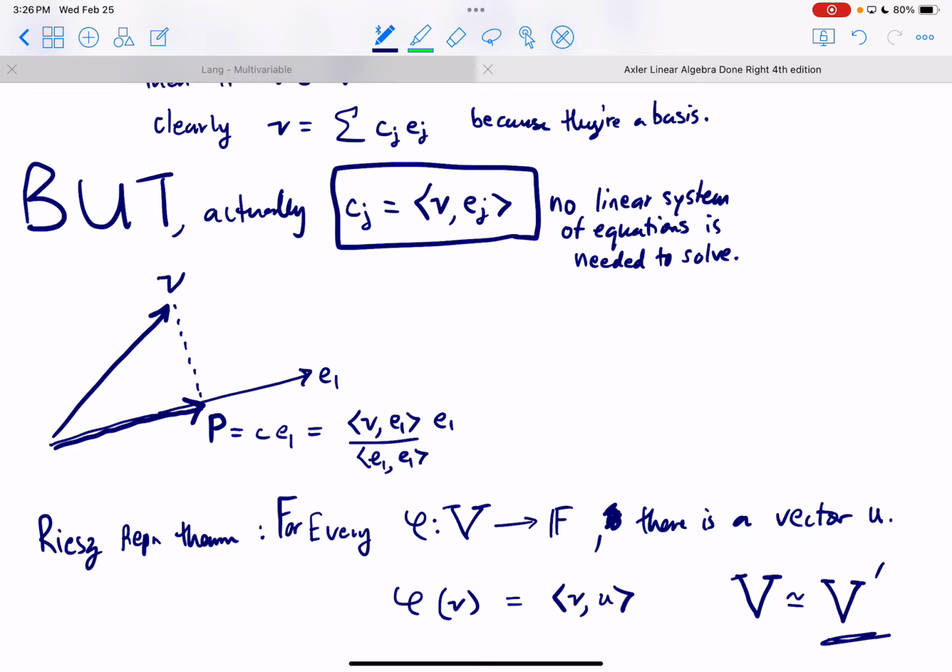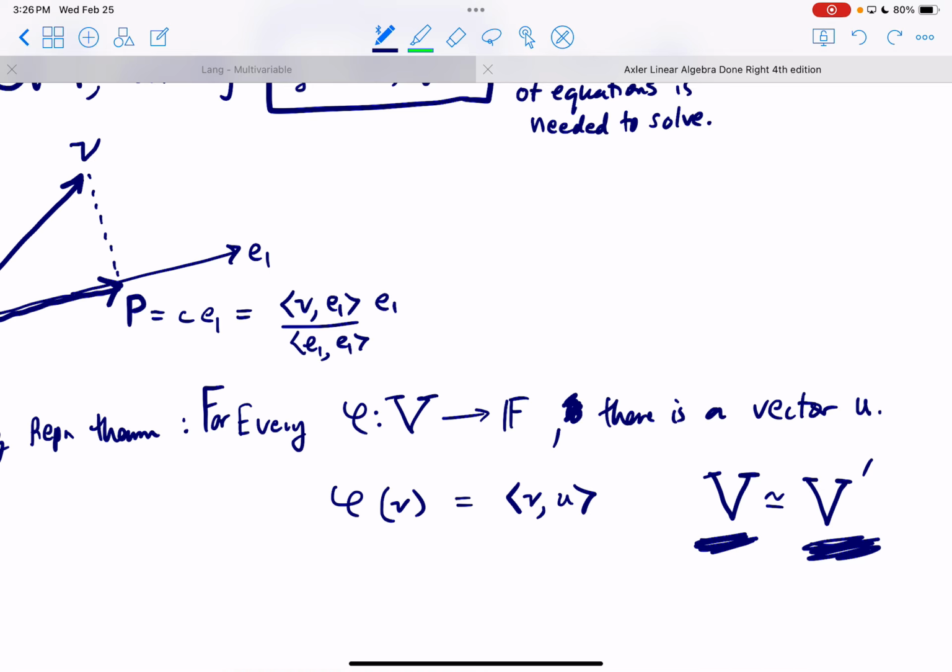So basically this means that V is isomorphic to V dual. For every linear functional, there is a vector, and the pairing is that you create the linear functional by doing, in other words, phi is equal to <·, u>, an open slot and u.